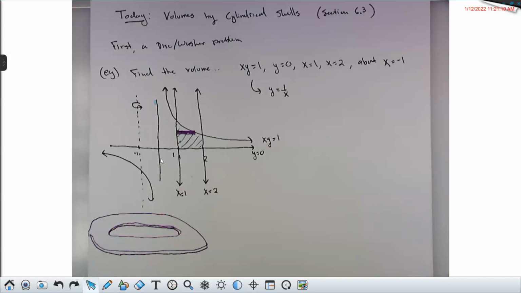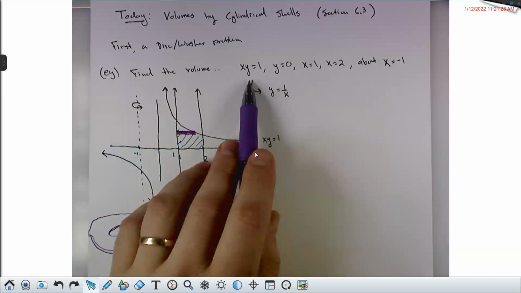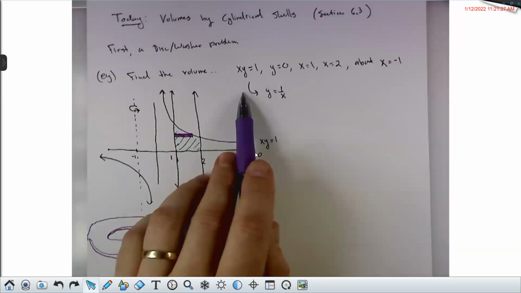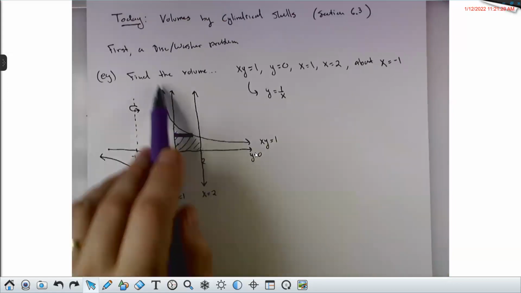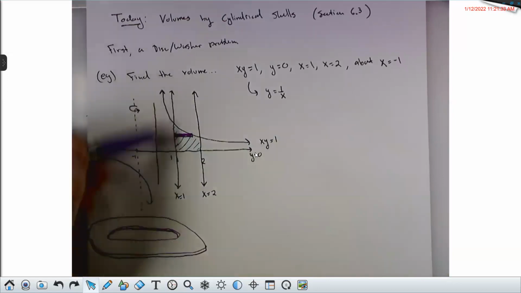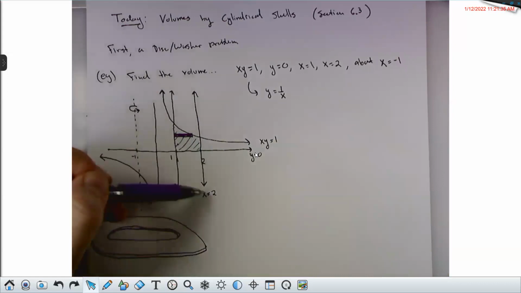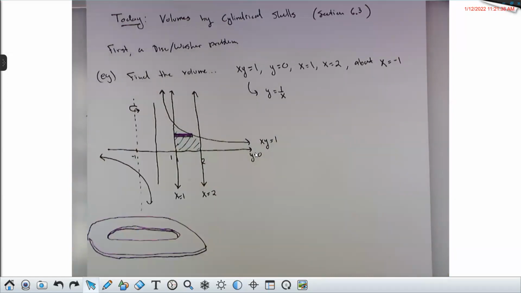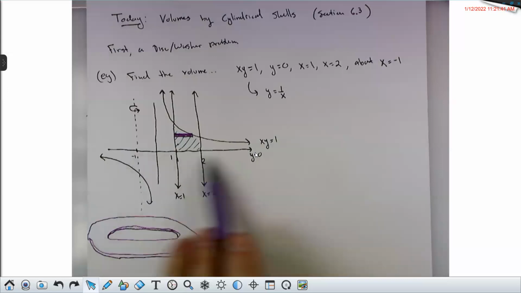Right, so here's the y-axis, here's the x-axis. The curve y equals 1 over x, which is the same as x times y equals 1, is this curve. This is one of your parent functions. You need to know this. And then the lines x equals 1 and x equals 2 are vertical lines going through the points 1, 0 and 2, 0 respectively. Finally, the line y equals 0 is the x-axis.